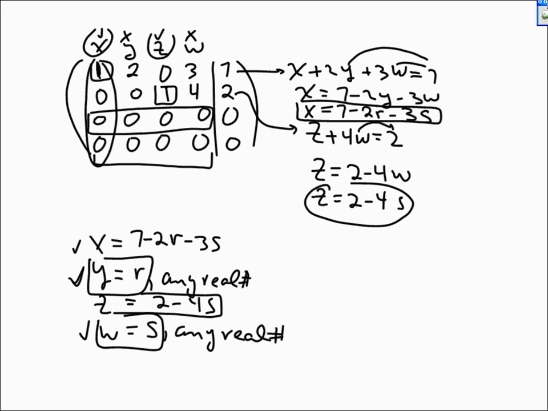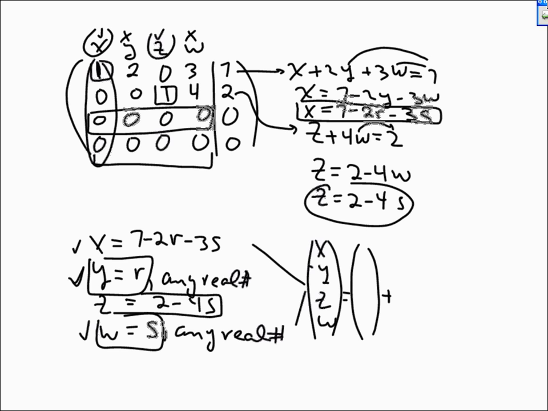So there's an answer. You might want to write it as follows. You can write it in matrix form. X, Y, Z, W equals just regular numbers plus, well, let me leave space so I can fix it at the end, plus some R's, and then plus some S's.